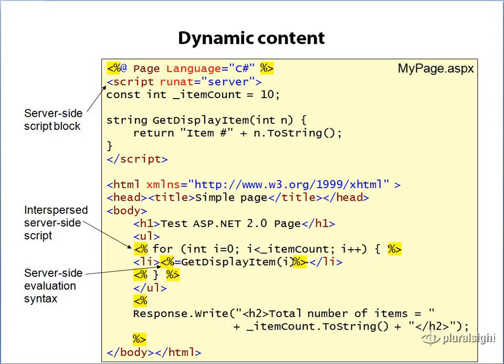And then we also have the evaluation syntax, which is just a shortcut for saying Response.Write, just like I have down here, within a server-side script block. And then you can also include server-side script like you always have been able to in ASP, just as a delineated script block with a runat=server attribute on it. And that will take this code and dump it into the class definition.